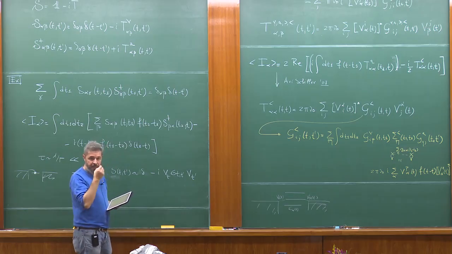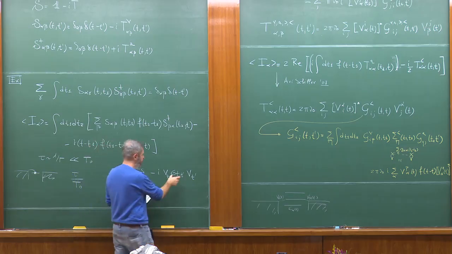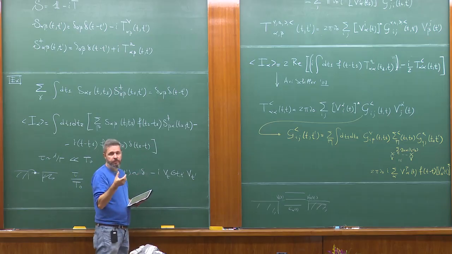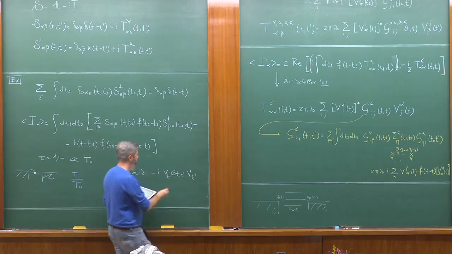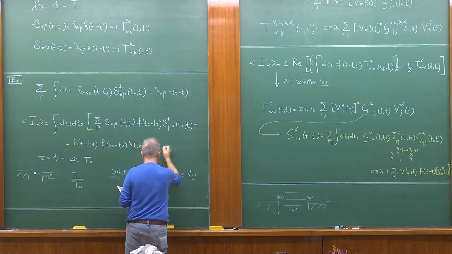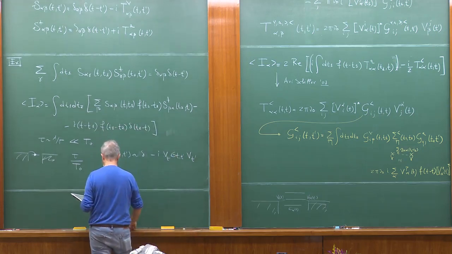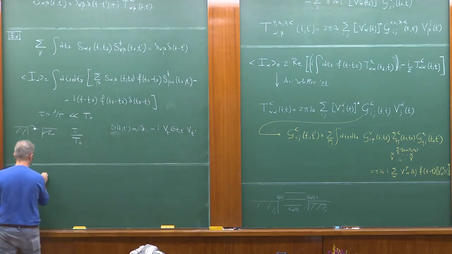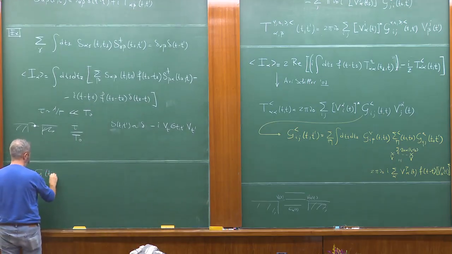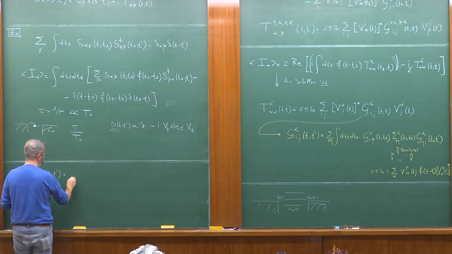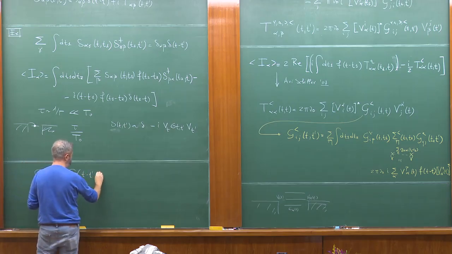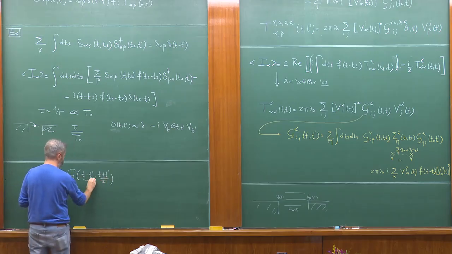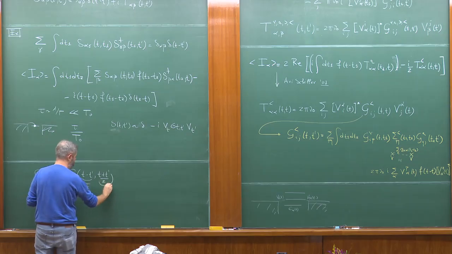Now, it is clear that this function contains information about gamma, right? If you pass this function to what are known as Wigner coordinates, so instead of using t and t', you use t minus t', which you call tau, and (t plus t') over 2, which you call big T.